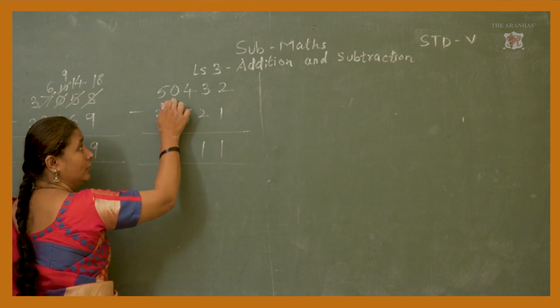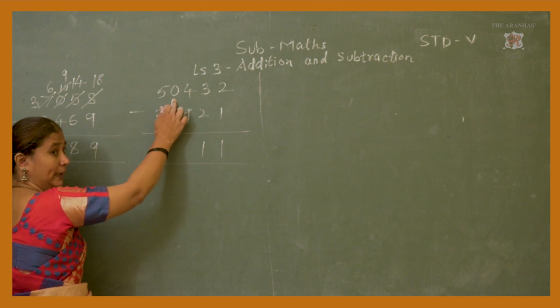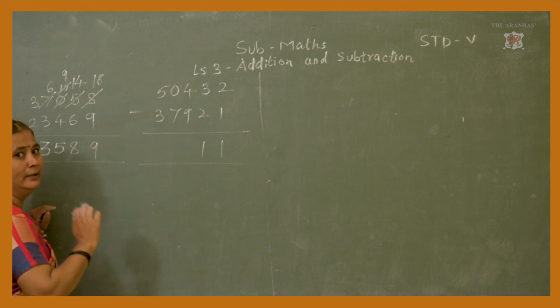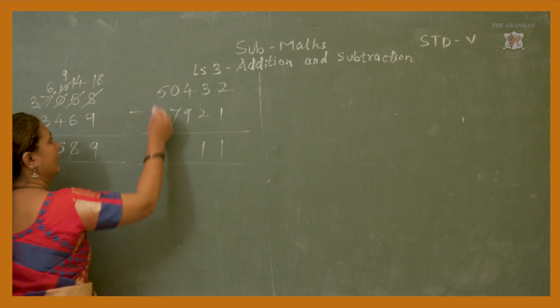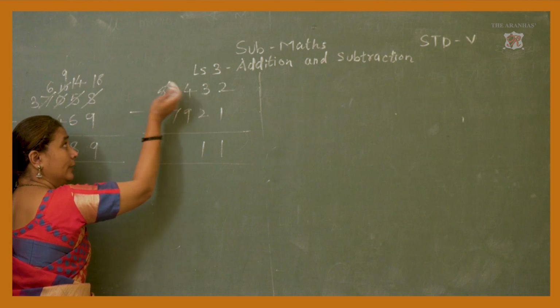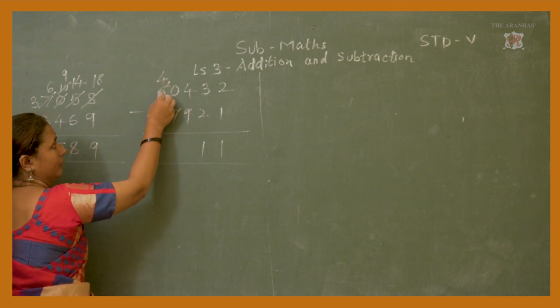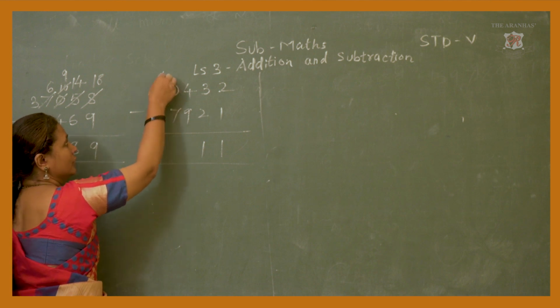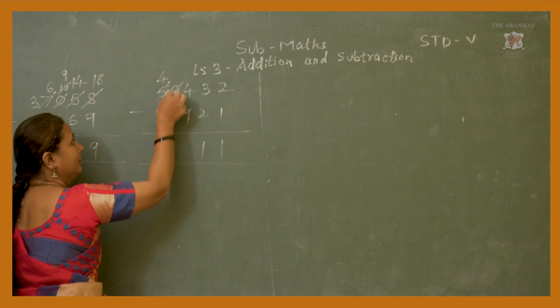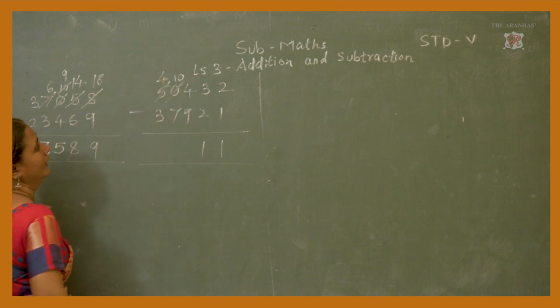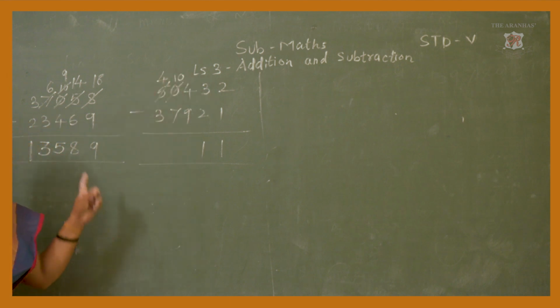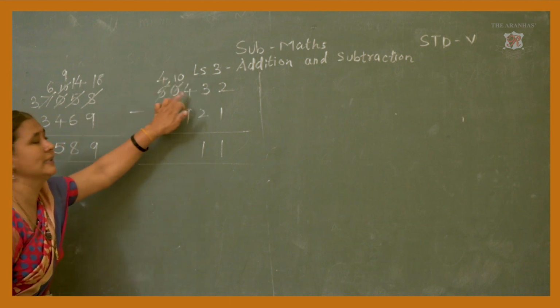Again for the 0 we have to take the number 10. So for that go to the next number. Cut the number 1 from the number 5, so here it is 4 and then it becomes 10. Now you can borrow a number for the 100s place value.